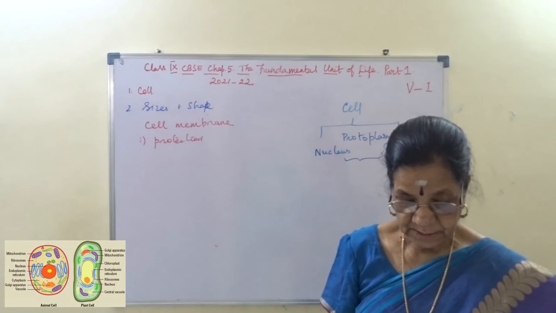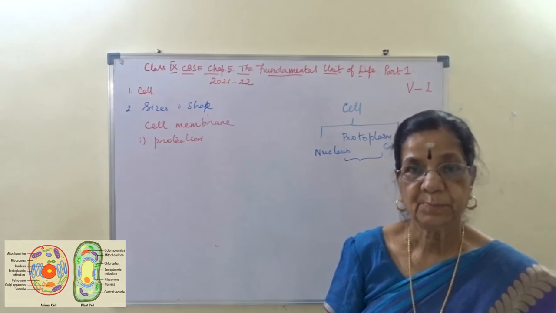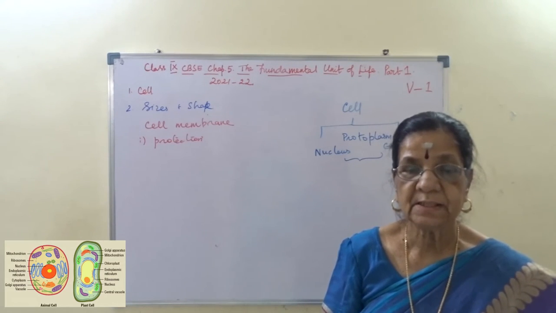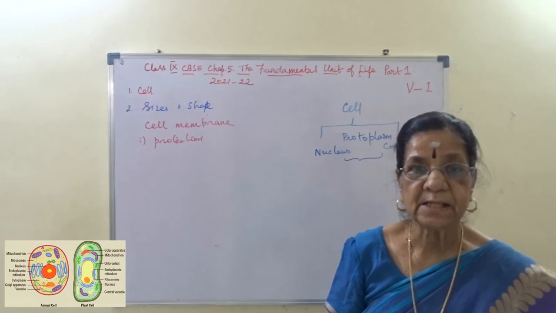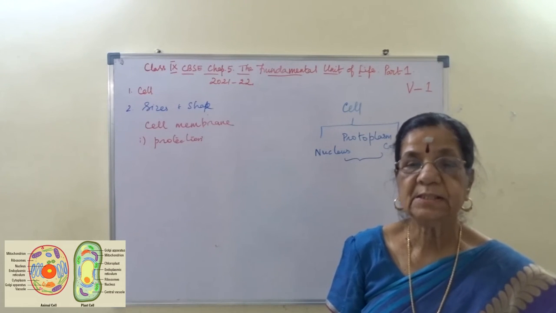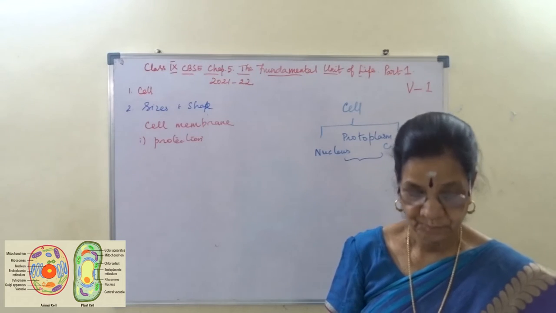So it is called a selectively permeable membrane. It takes part in transport of materials in and out, but at the same time it does not allow all materials, so it is a selectively permeable membrane.